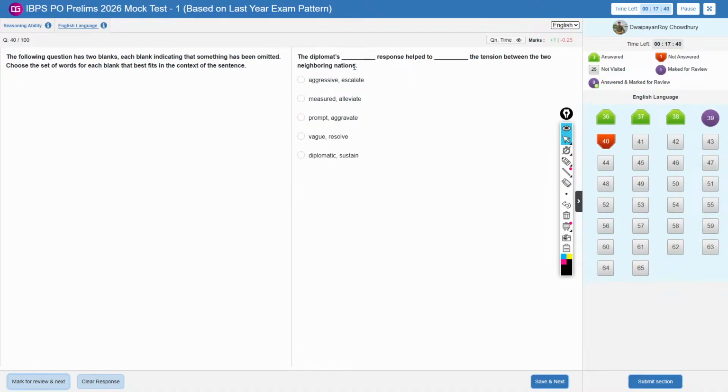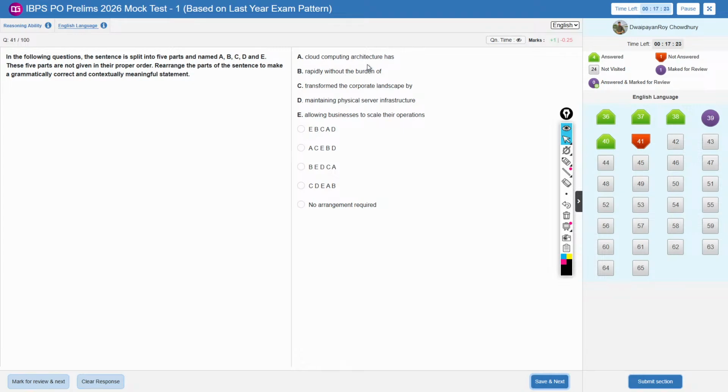The diplomats' measured response helps to alleviate the tension between two neighboring countries. So measured response, alleviate definitely. Cloud computing architecture has transformed the corporate landscape by removing the burden of maintaining physical server infrastructure.